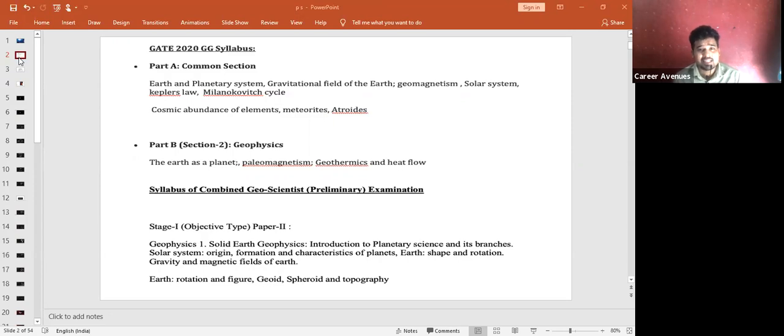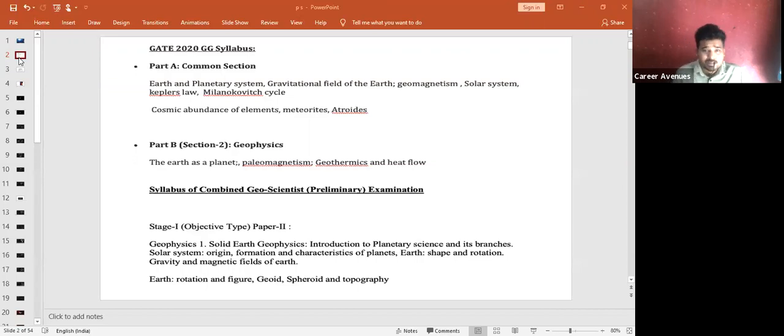These are common for geology as well as geophysics students. For part B, the topics are paleomagnetism, geothermics, heat flow. These topics are either directly related to planetary science, and sometimes indirectly related also.